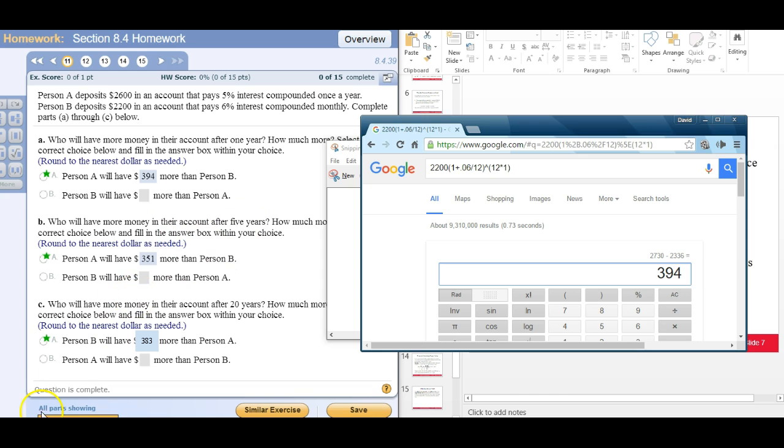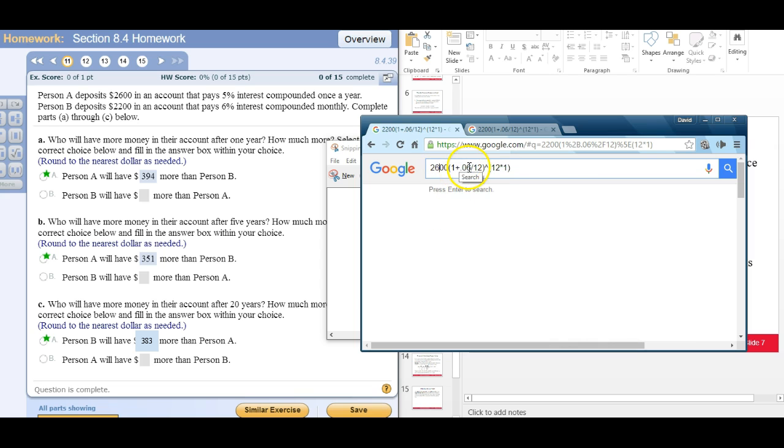And then 5 years later. Okay, so this is person A, and I just made a new tab, copied and pasted. That's person B. So in 5 years, we're going to do 2,600, 1 plus 5. Again, it's only compounded once a year, so 1, and then this is 5 years, so N times T. Okay, so again, P times 1 plus R over N raised to the N times T power.